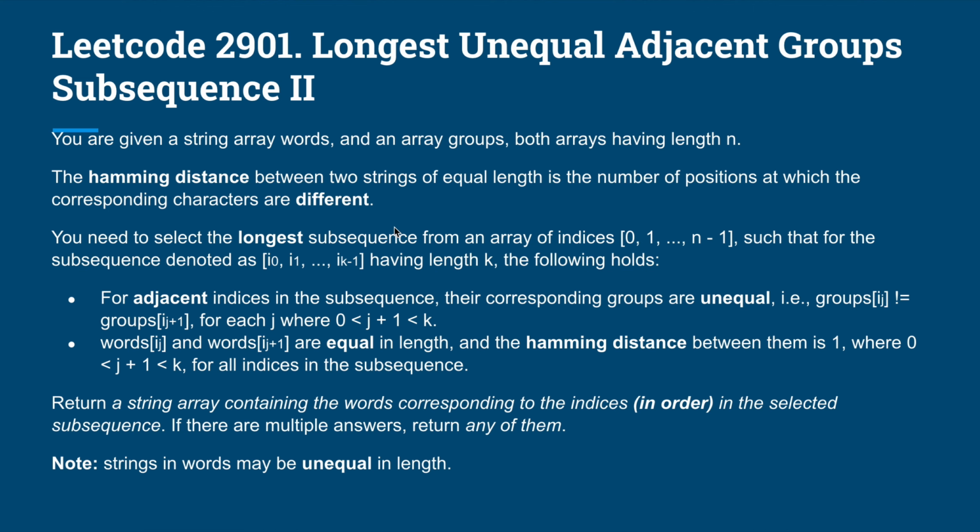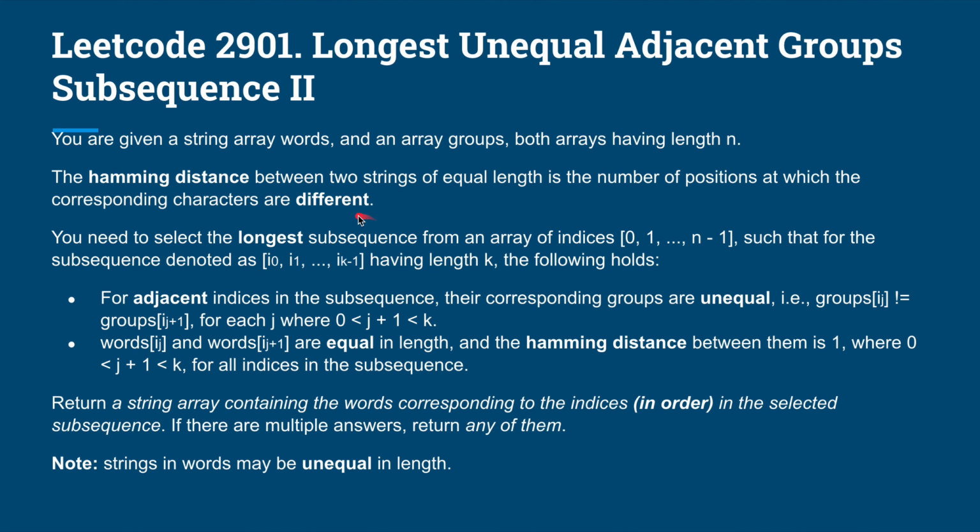But if you write c a, that is not a subsequence because the order has been changed. The order is a b c d. You can write a c e, b d, a b c, but you cannot write in reverse order like c a. That is not possible. That is called a subsequence.